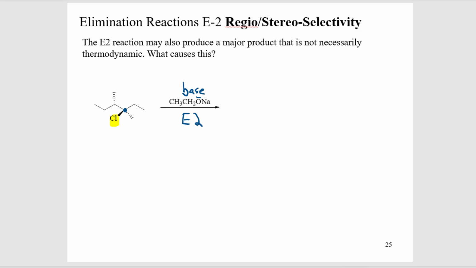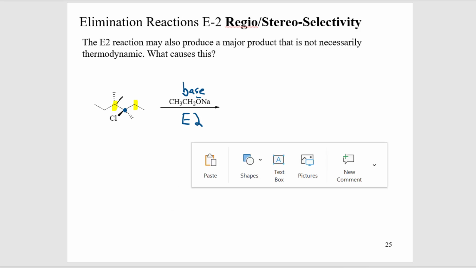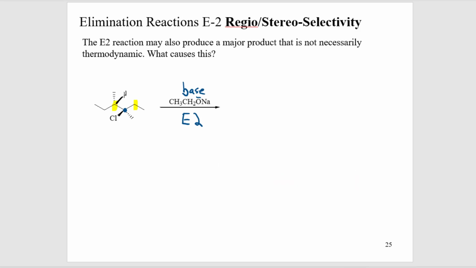Okay, now I'm going to look at the two carbons next door. From a regioselectivity standpoint, one of them would lead to a more substituted double bond. Now, understand that if we put a double bond between the two carbons indicated, the yellow and the blue, if I removed HA, I would actually form a tetrasubstituted double bond.